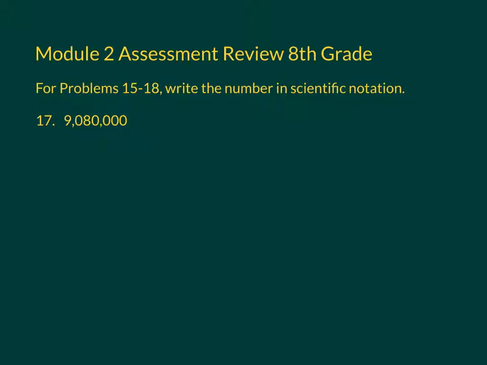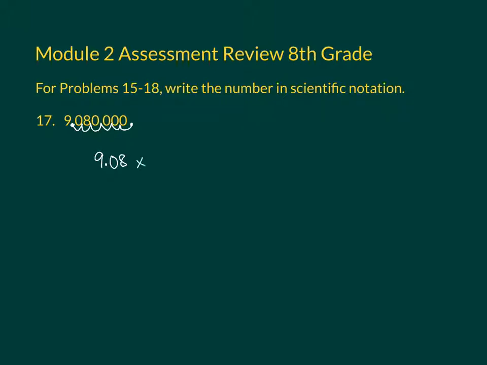Number 17, we have 9,080,000. Again, the decimal place is to the very right since we don't see a decimal. We need to move the decimal until the number's between 1 and 10. So 1, 2, 3, 4, 5, 6. The number I get is 9.08. You have to write that 0 since it separates two numbers that are not 0.